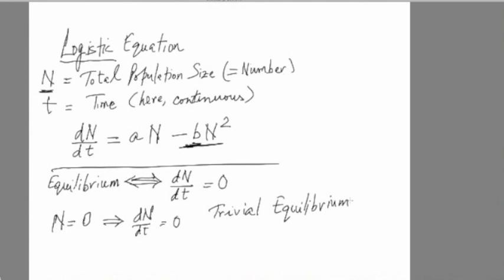Now, are there any other equilibria in the system? And the answer is yes. If the right-hand side of our equation, which is an minus bn squared, is 0, then dn dt must be 0, and we have an equilibrium.